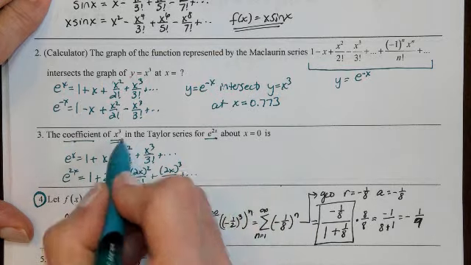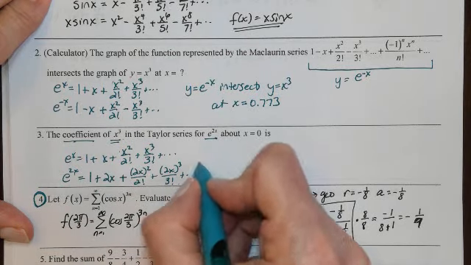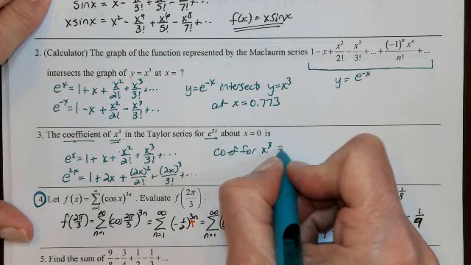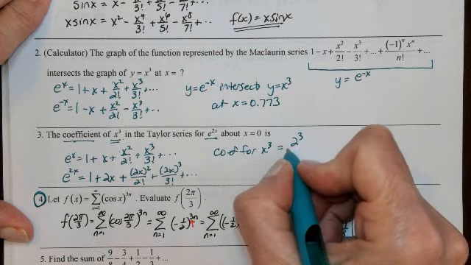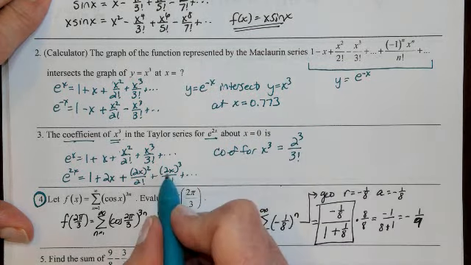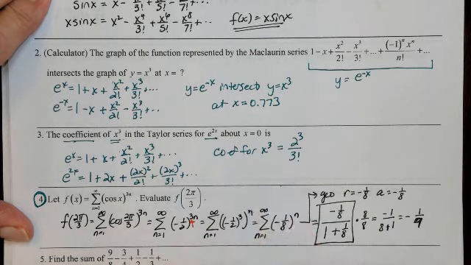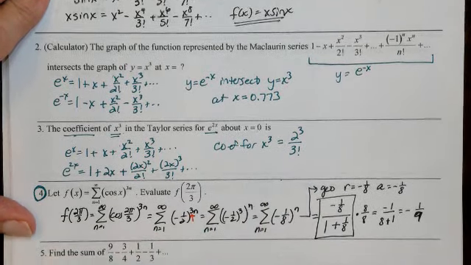I want the coefficient for x cubed. The coefficient for x cubed will be 2 cubed over 3 factorial, or 8 over 6, which would be 4 over 3.